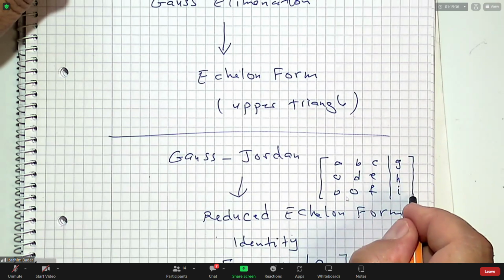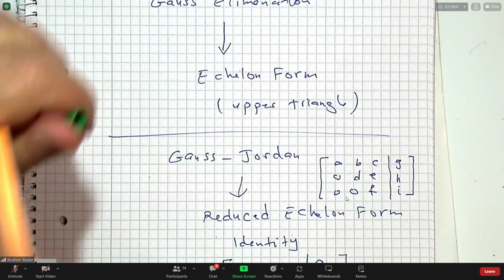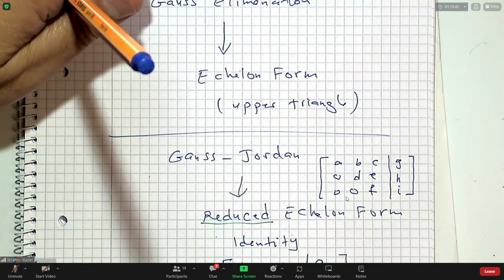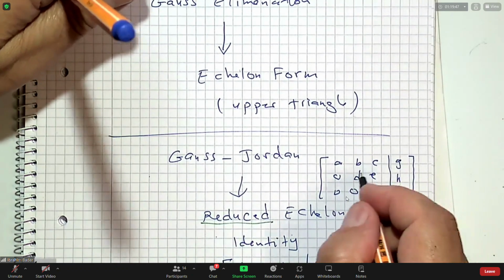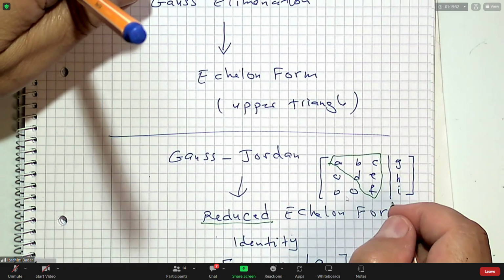I think it's clear that in the reduced form you have the solution straightforward, but here you have this form and you need to make some calculations to get the solution.